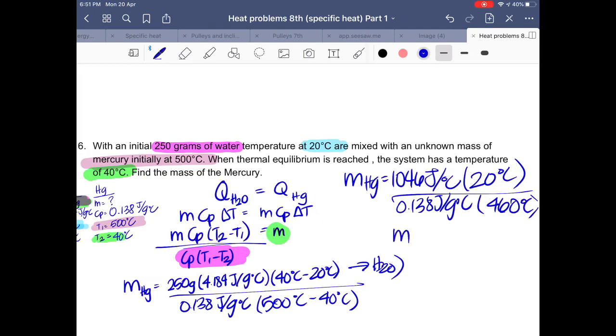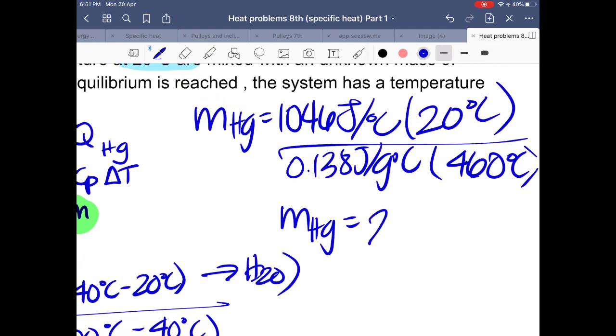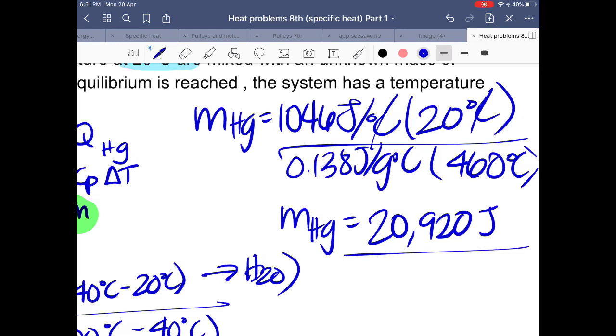So the mass will be 1046 times 20, 20,920 joules, because you cancel degrees Celsius with degrees Celsius, divided by 0.138 times 460, 63.48. You cancel degrees Celsius with degrees Celsius and you have joules over grams.